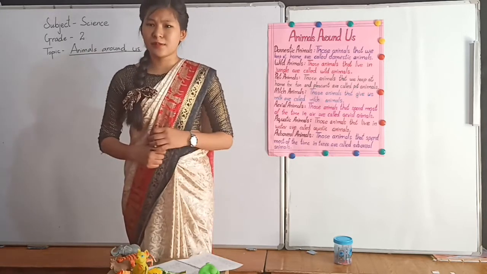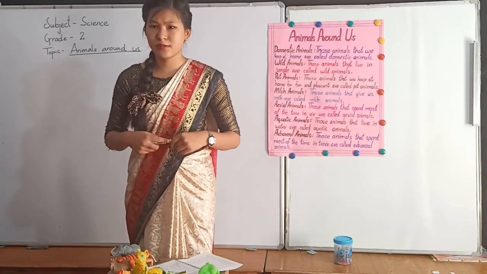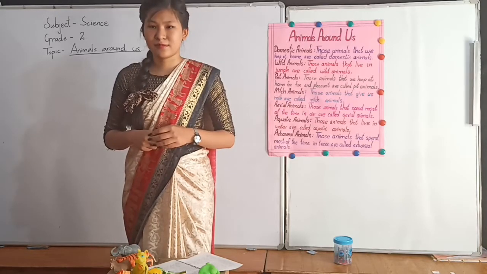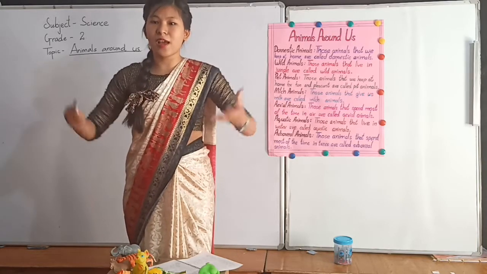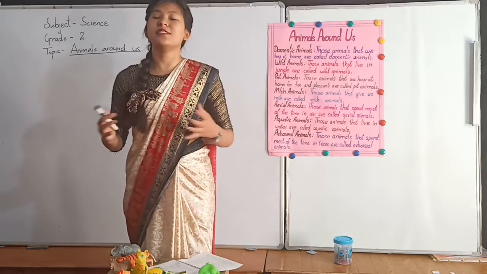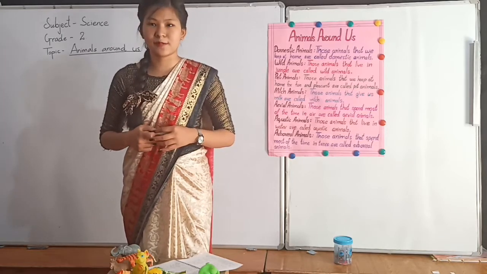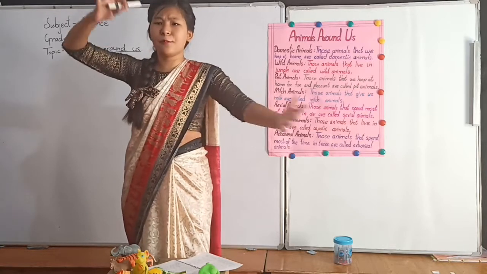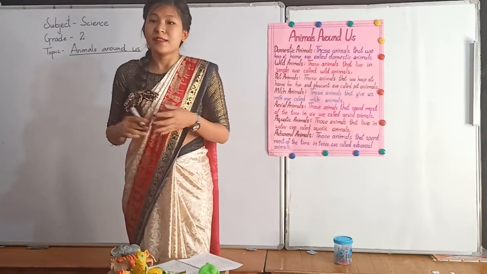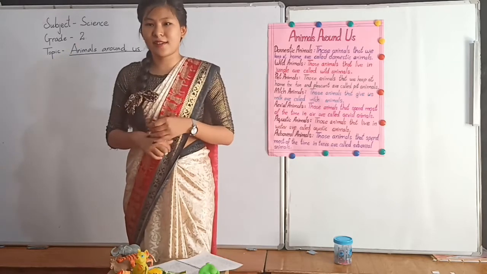Dear students, at first I want to ask you one question. What do we see around us? Yes, dear students, we see different kinds of animals around us. Some are big, some are small, some live in water, some fly in the sky.